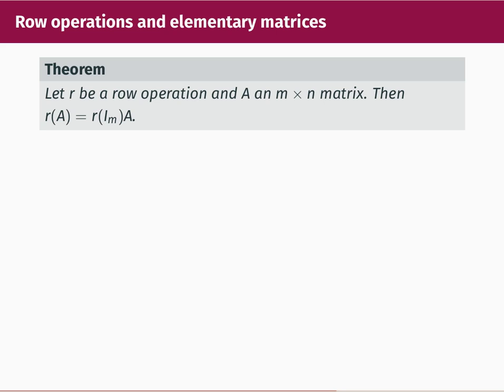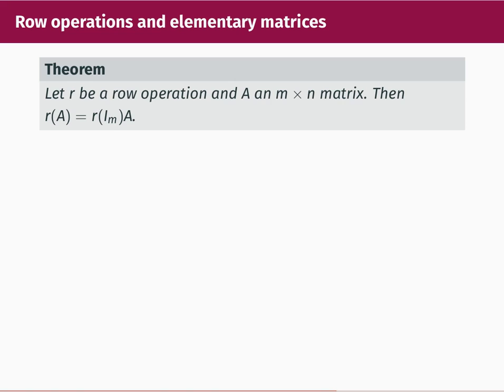The important theorem for this video is the following. It says if you have a row operation R and an m by n matrix A, then doing R to A is the same as left multiplying A by what you get by applying R to the m by m identity matrix.